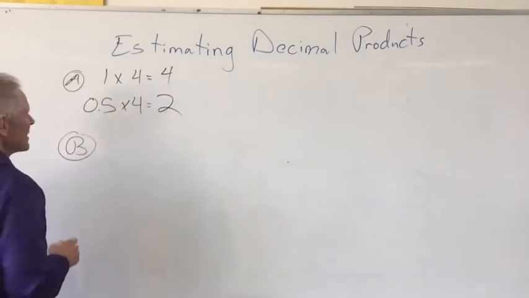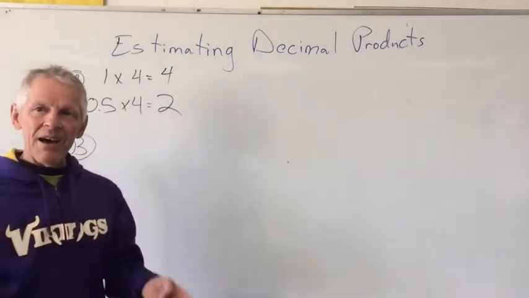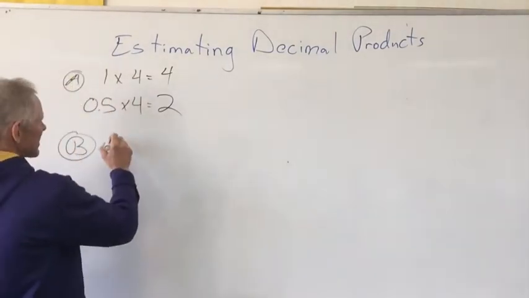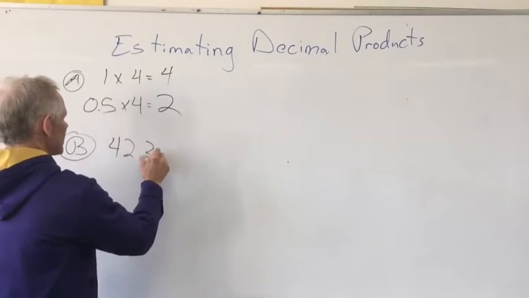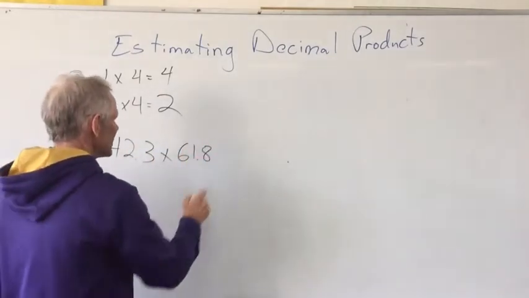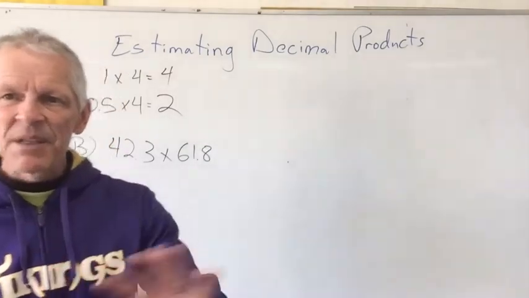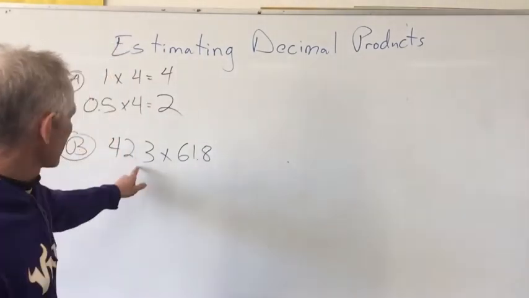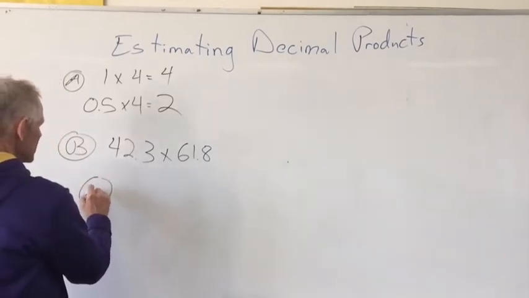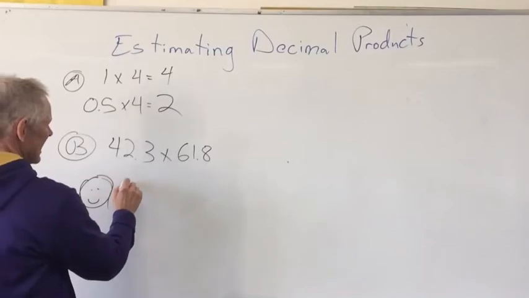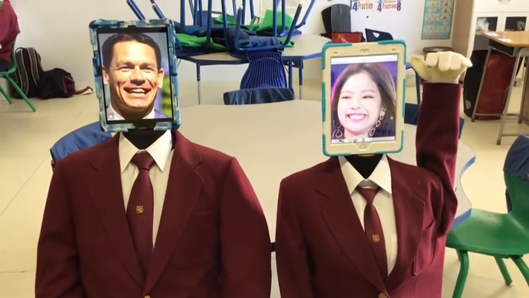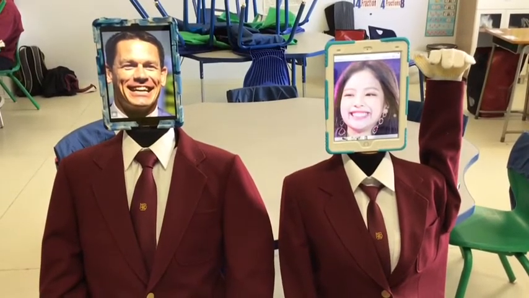The B type. Now, again, it's just going to come down to multiply. Multiply it out, make it simple. If I took, for example, 42.3 times maybe 61.8, well, those decimals are no longer important because they're so small. So just get rid of them. I think the 42 could be like 40, and I think the other one would be closer to 60.